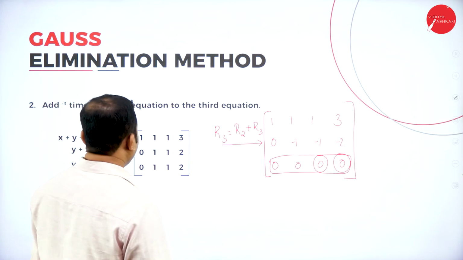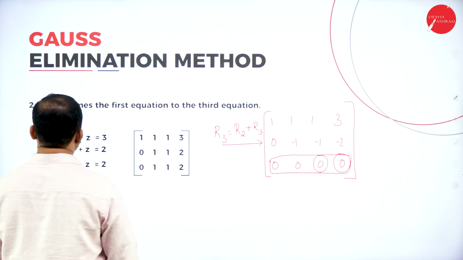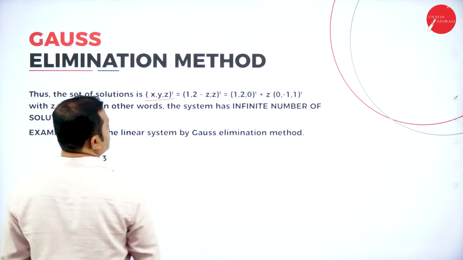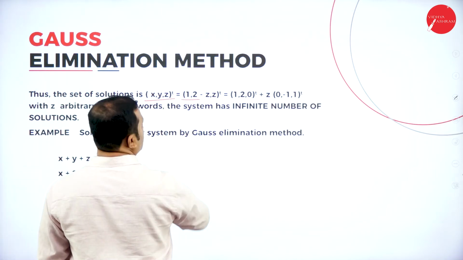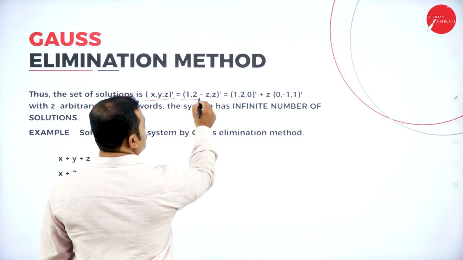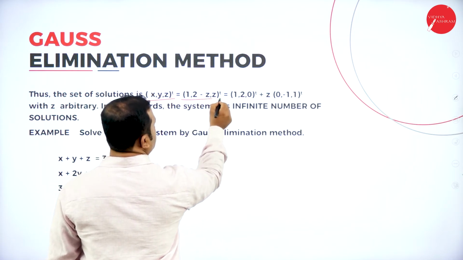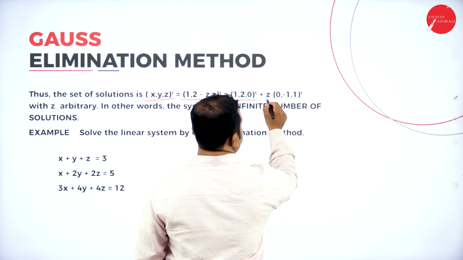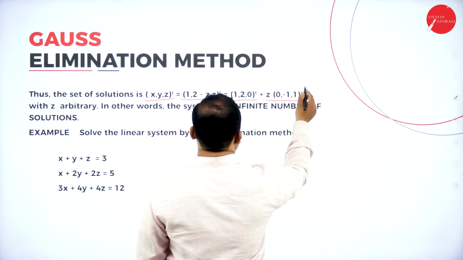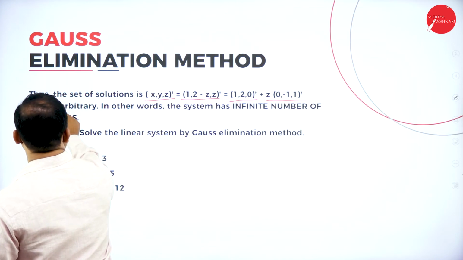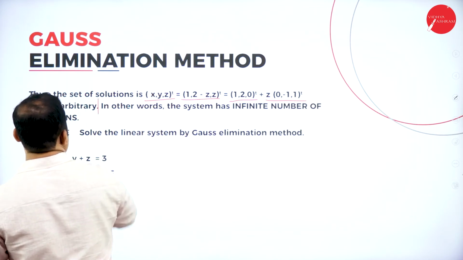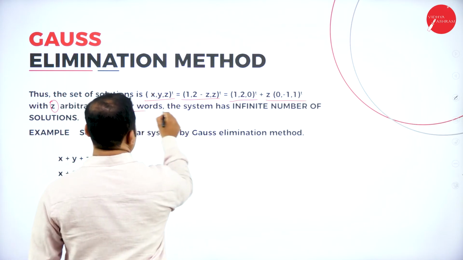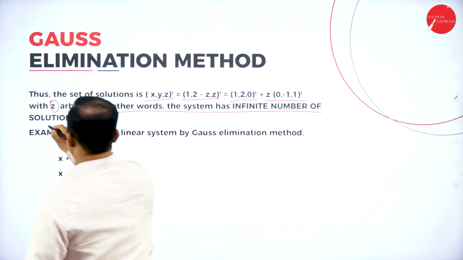See here, if you look at these operations, it indicates that (x, y, z) transpose equals (1, 2 minus z, z) transpose, which is equal to (1, 2, 0) transpose plus z times (0, minus 1, 1) transpose. With z as arbitrary, there are an infinite number of solutions.